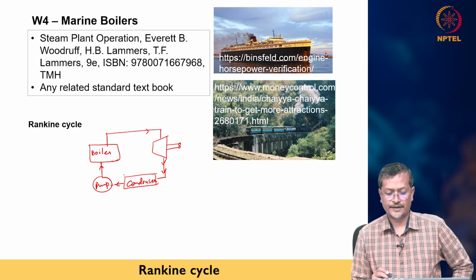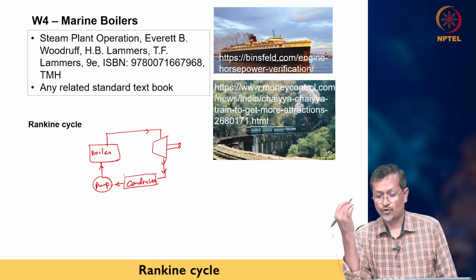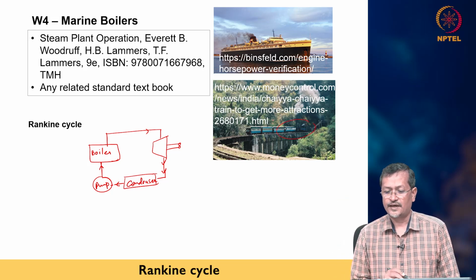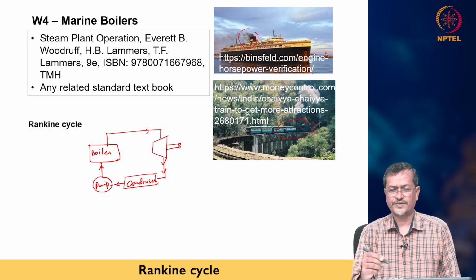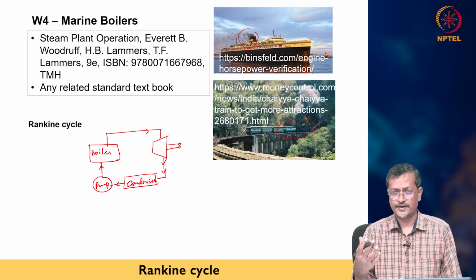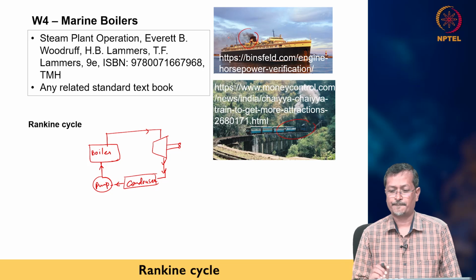It will be happening in any steam turbine system. The steam turbine is being used for locomotive applications. For example, you can see this heritage train, a ship. Previously people used to say steamer. A steamer means it will be producing lots of steam, and steam will be driving a marine engine. So that's why they called it steamer.